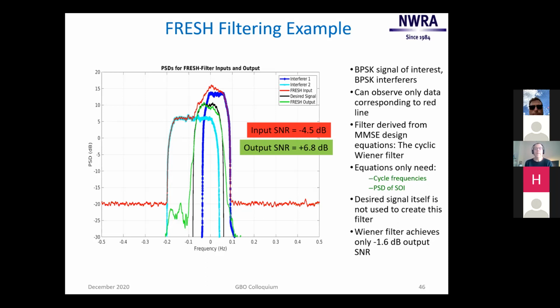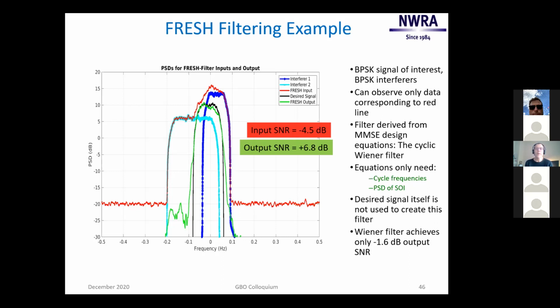But if I program a FRESH filter with cycle frequencies taken from these different signals, which are discoverable by the MSSA, I can improve the SNR of my output by something like 10 or 11 dB in this case. So the signal is not distorted significantly at all, but the effects of the in-band part of the interferers are removed.